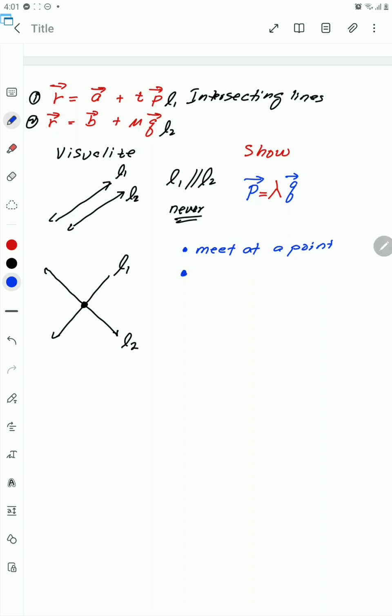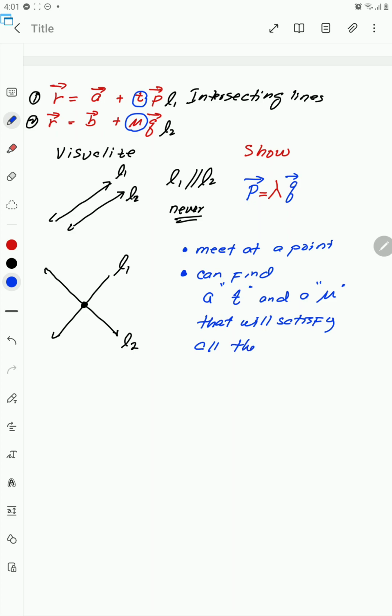Thus, if they meet at a point, you can find the parameter t and a mu that will satisfy both lines.